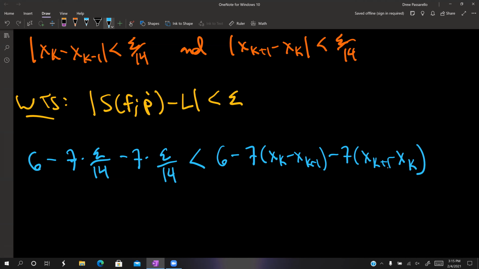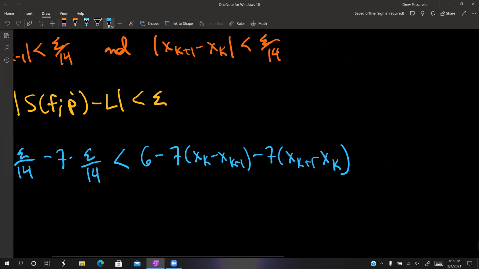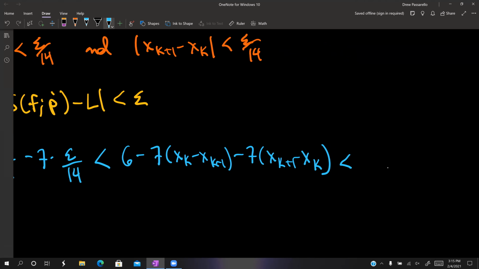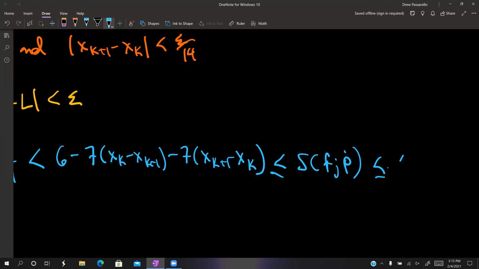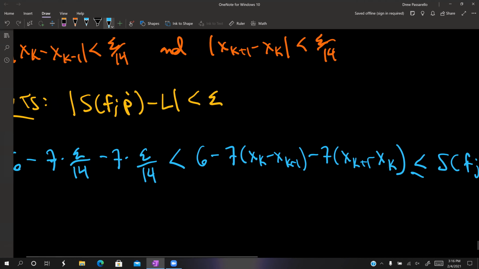All right, that itself, and that's basically our Riemann sum. So this is less than or equal to S of Fp, which we know that the largest this is going to be is less than or equal to 6. So I can go ahead and say all that.